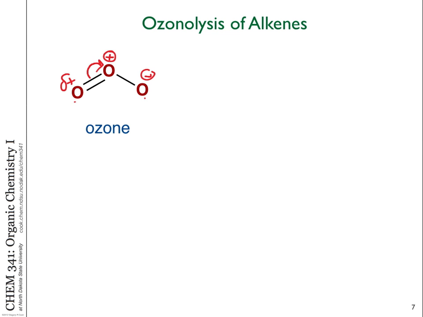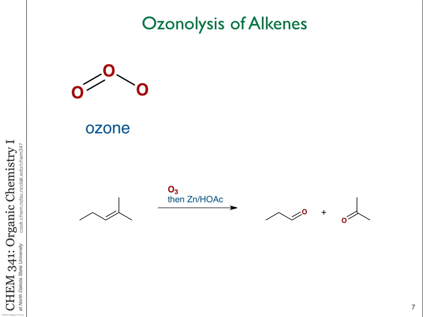This is what happens. I'll show you this process. Here's an example. You have a double bond, this molecule here, reacting with ozone, O3, and then treating it with zinc metal, usually under acidic conditions.